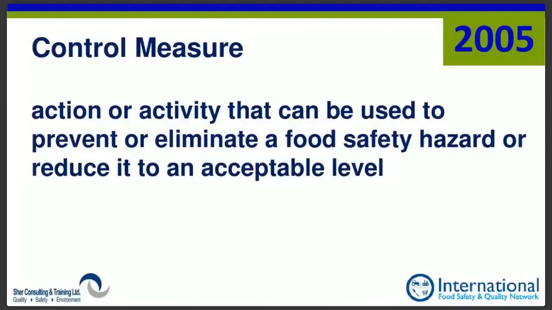Not necessarily critical, because it says to eliminate a food safety hazard, any food safety hazard. So what we would do is map out all of our control measures, even the ones that are not going to be part of the critical control measure system. They're not going to be CCPs, they're going to be OPRPs, just regular control measures. That was in the 2005 version.